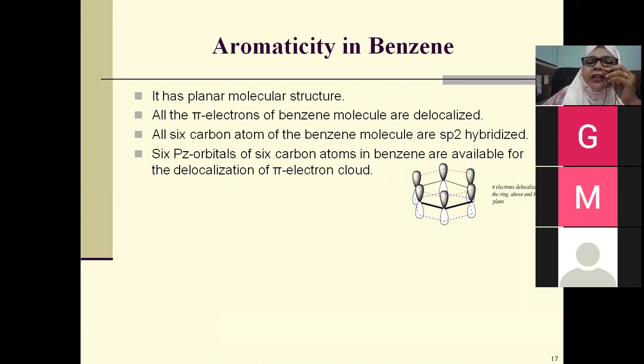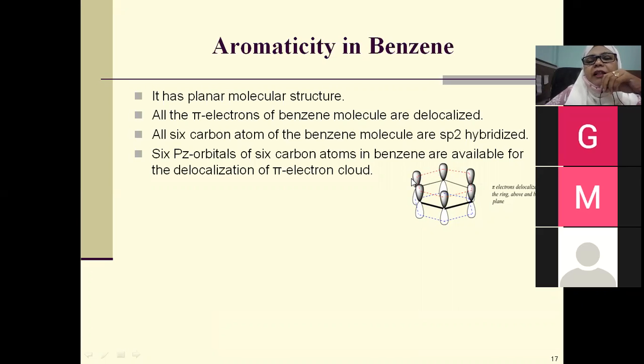So this is the benzene ring structure, and you can see that these dumbbell shaped p orbitals. Okay, you have studied SPDF orbitals, na? So these are p orbitals, which are dumbbell shape. So here you can see that all the p orbitals are overlapping with each other at the top also of the benzene ring structure and at the bottom also.